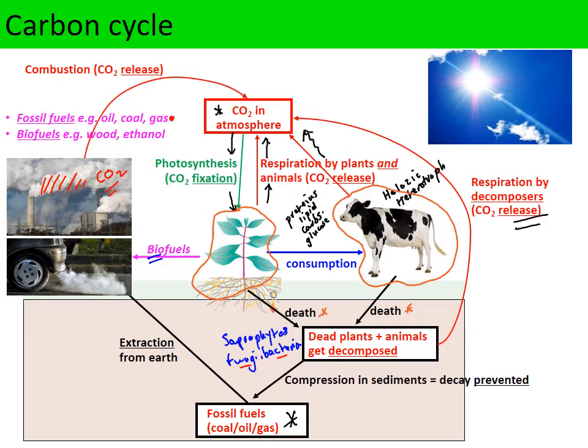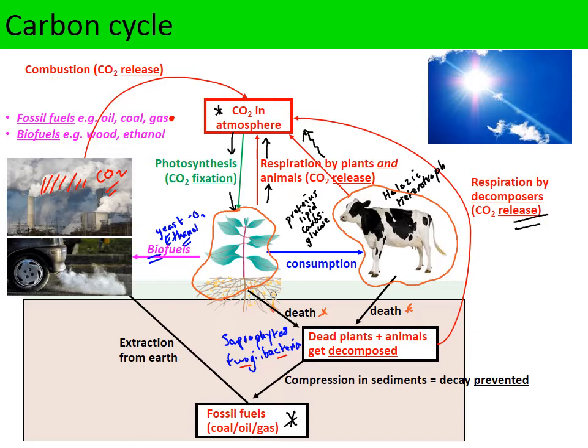So the sugars from the plant material can be fermented by yeast in a lack of oxygen, and that will produce ethanol, for example. And ethanol can then be combusted. It can be used as a fuel in cars, and that releases a smaller amount of carbon dioxide back into the atmosphere compared to the burning of fossil fuels like oil or gas or coal.